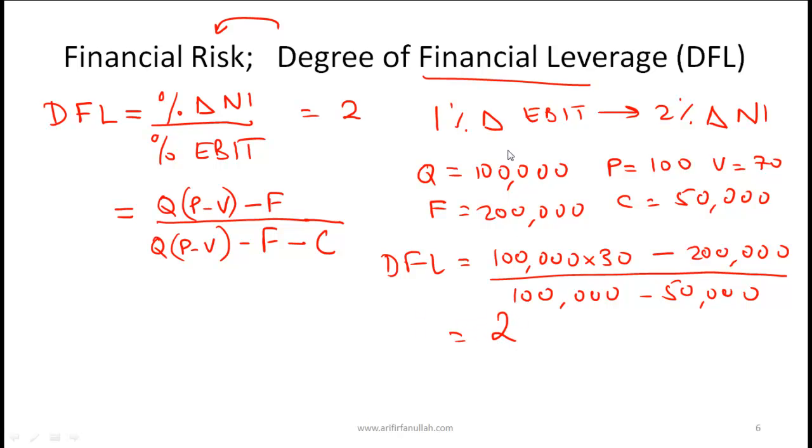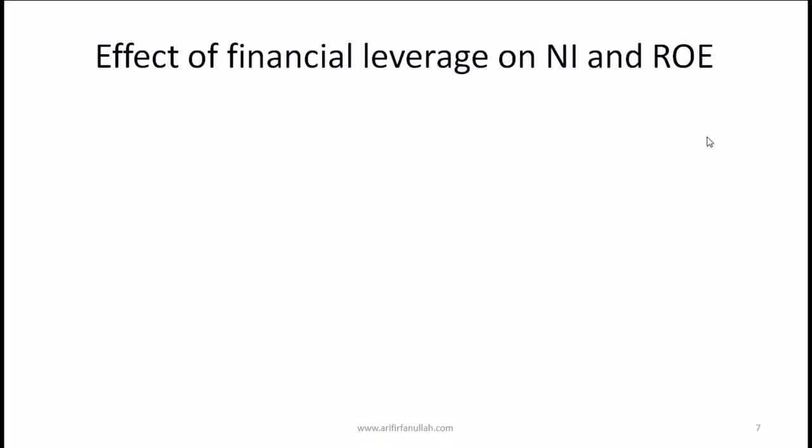So coming back to the interpretation above, we are saying that if we can increase our operating profits by 1%, then our net income will go up by 2%. Next, let's talk about the effect of financial leverage on net income and return on equity. So this is fairly straightforward.